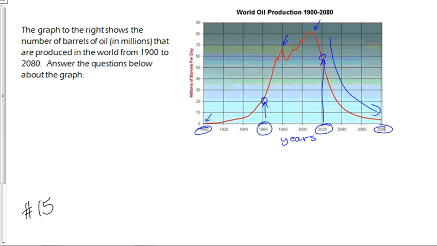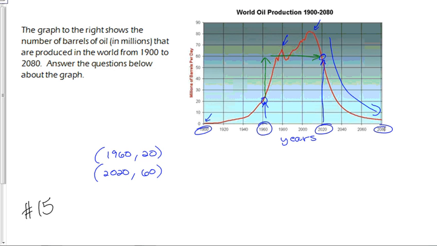So it's important to have those points. 1960 is the x coordinate, 20 is the y coordinate, and then 2020 is the x coordinate, and 60 is the y coordinate. So to find the average rate of change, we want to do the rise divided by the run.